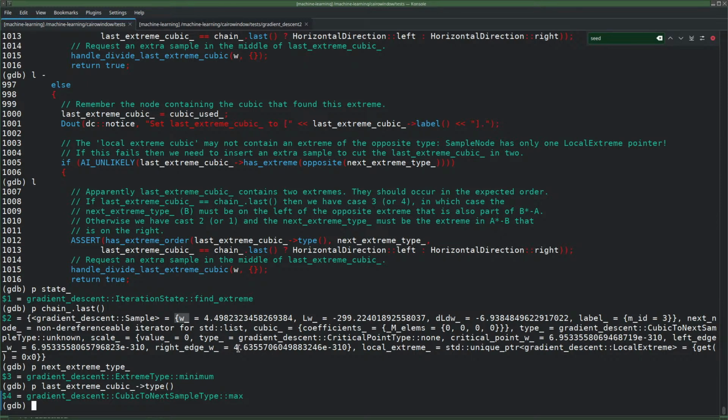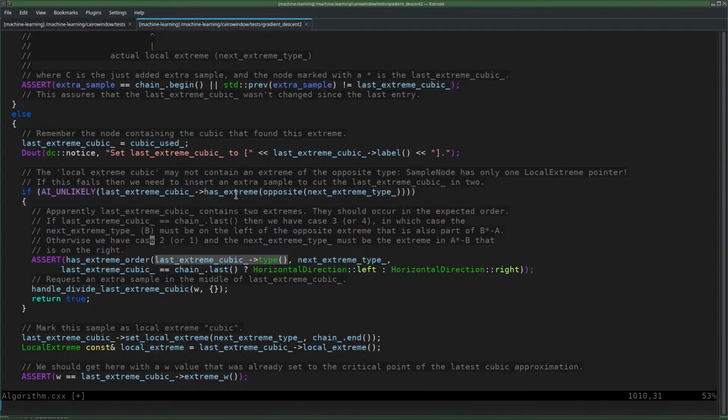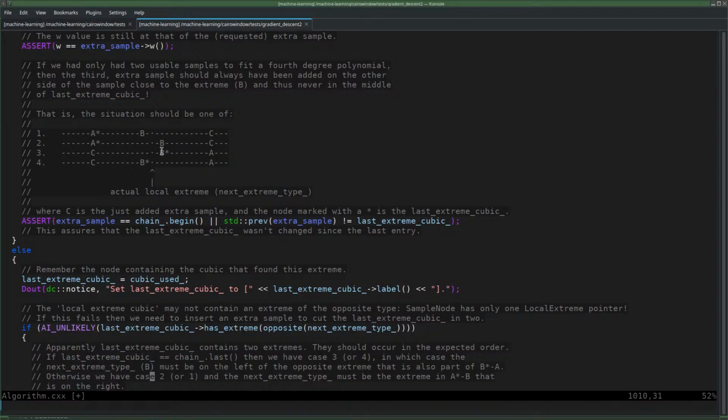This means that this cubic only has a maximum, and no minimum. Well, I suppose that would be correct in this case. So it includes the maximum on this side, but the minimum is not included.